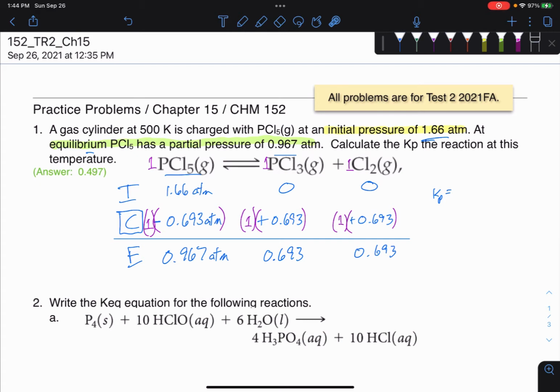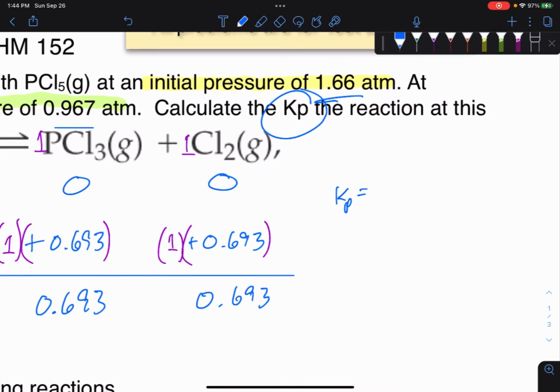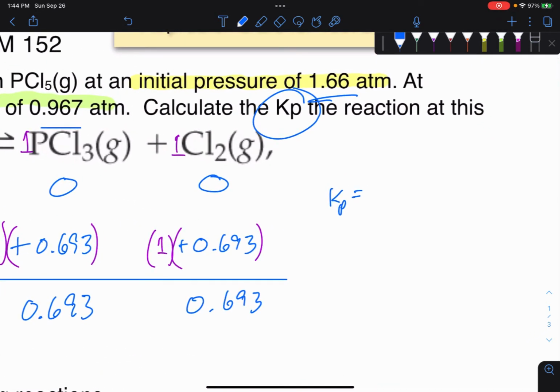Okay, I have all the values I need. I can then calculate my KP at equilibrium for this particular temperature, and let's see what that looks like. Remember, it's all gas phase reaction. It's all 1-to-1-to-1, so nothing is raised to any special power.